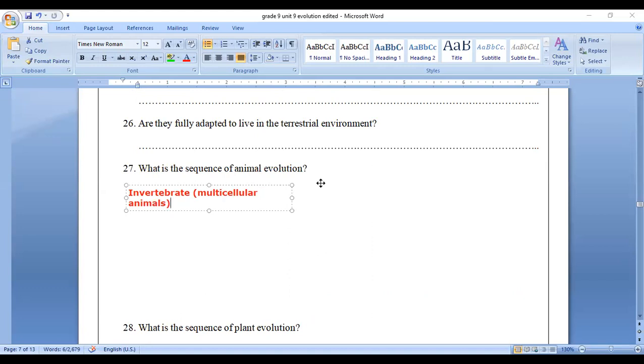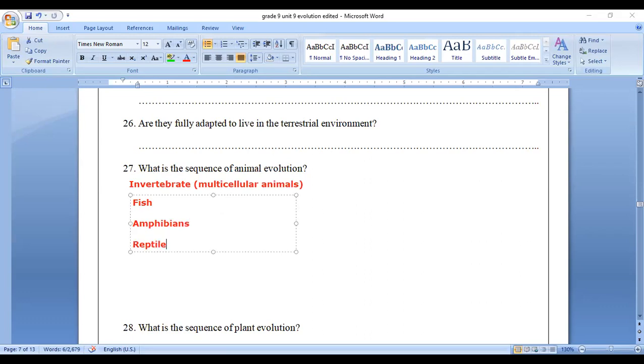From these invertebrates, fishes appeared, correct? From the fishes, amphibians appeared. From the amphibians, reptiles appeared. From the reptiles, on one side aves and on the other side mammals appeared. So just a flow chart, my children.